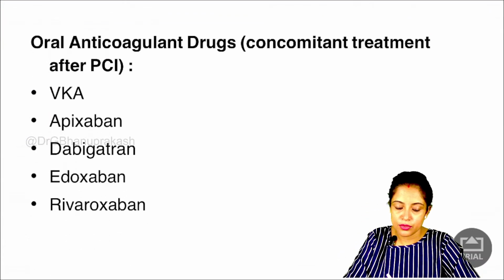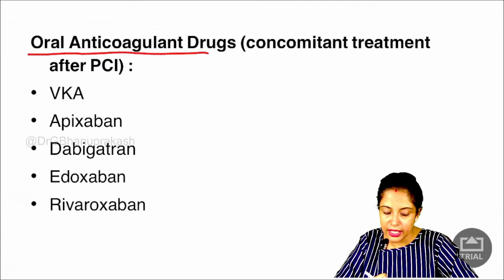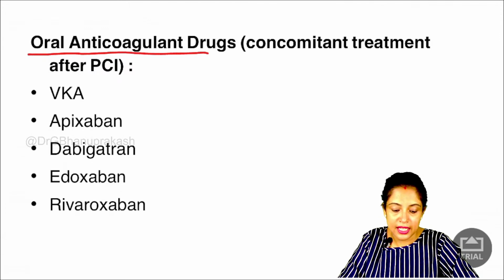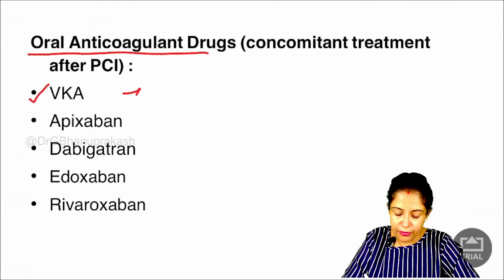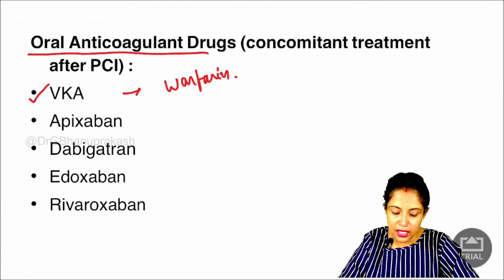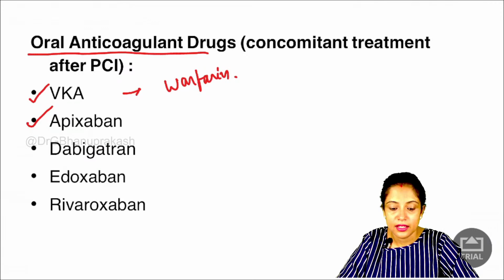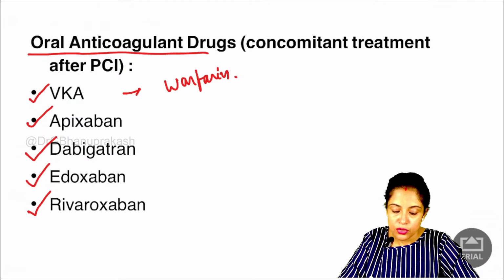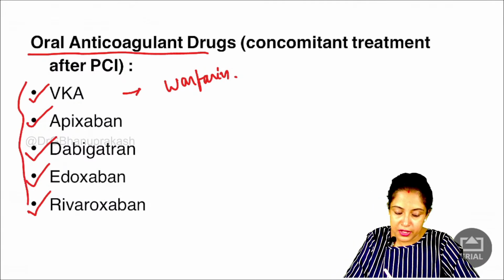Oral anticoagulants. What are the oral anticoagulants we can use? We can use vitamin K antagonists like warfarin. Then apixaban, dabigatran, a direct thrombin inhibitor, edoxaban, rivaroxaban. You can just remember the names of these agents.